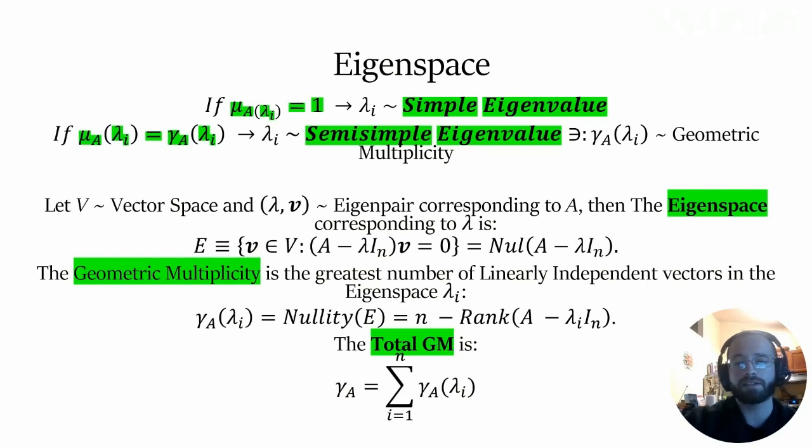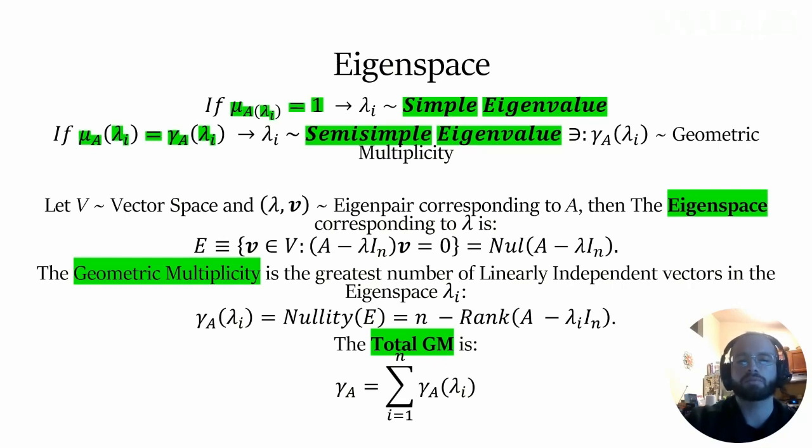Specifically, it's n minus the rank of A minus lambda I by the rank-nullity theorem, because those two subspaces are orthogonal. Okay. The geometric multiplicity is the greatest number of linearly independent vectors in the eigenspace corresponding to lambda sub i. So it's n minus the rank of A minus lambda I times I sub n.